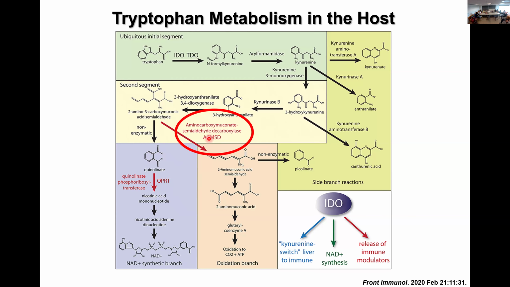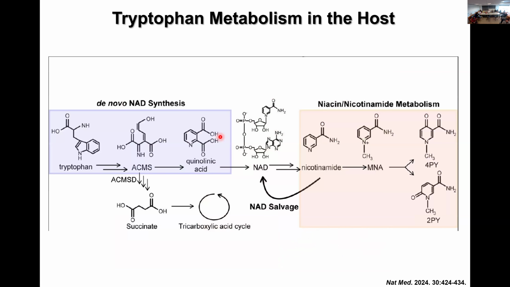So now we're saying that there's less ACMSD and increased metabolites. How is that related to this? Let me simplify this figure for you. Again, here we have tryptophan. There's that intermediate metabolite ACMS. There's ACMSD that will push it down towards the TCA cycle.